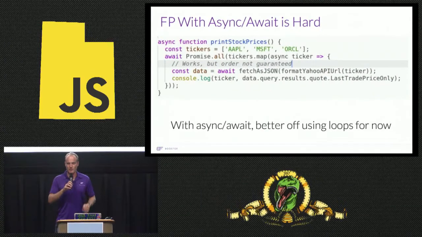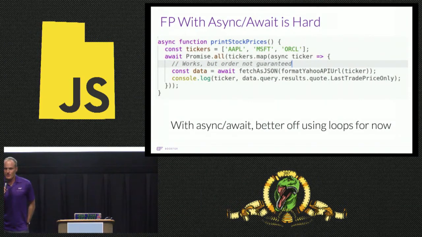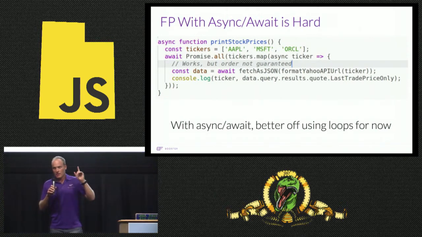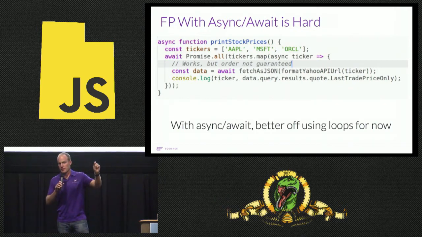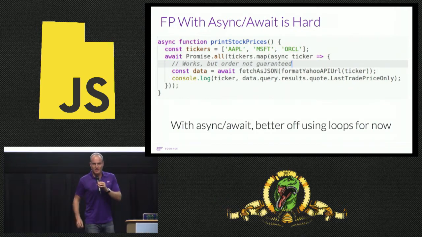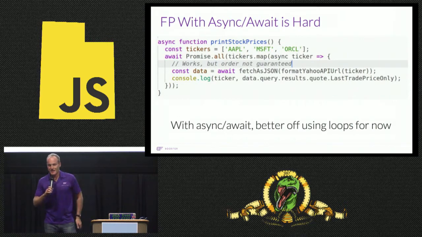But where things get a little weird is when you try to use forEach. Now, if you want to use forEach with async await, a very big major caveat with async await is that await must be within an async function. So if you do functional programming type things like .forEach of ticker, you'll get a syntax error.